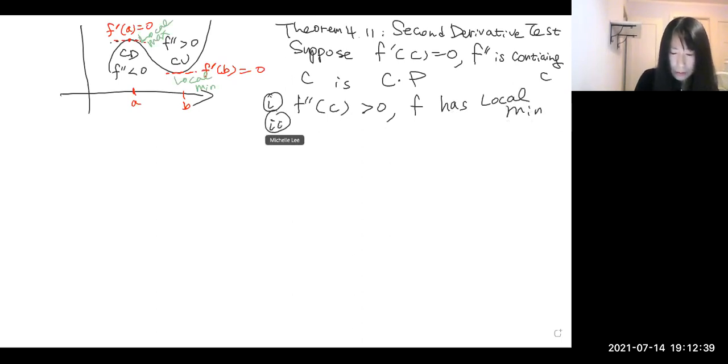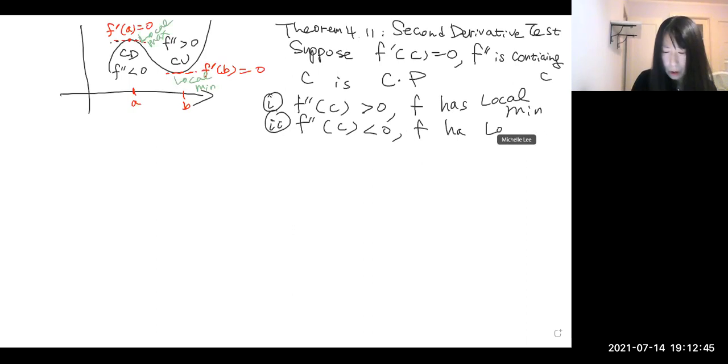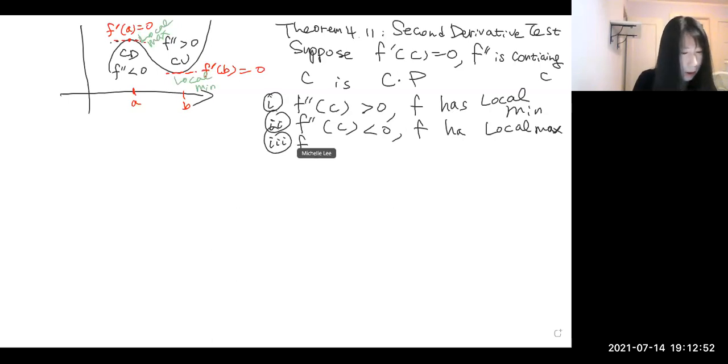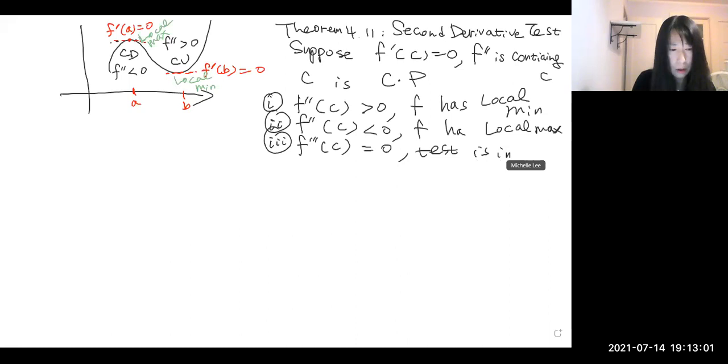And second, if f double prime is less than 0, f has a local maximum. And third, if equal to 0, we cannot say anything. We need to go back to the first derivative test. The test is inconclusive. All right.